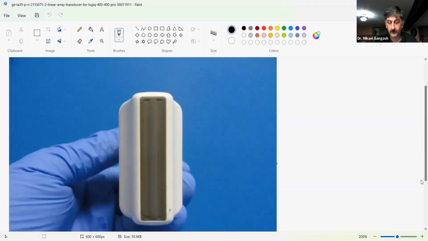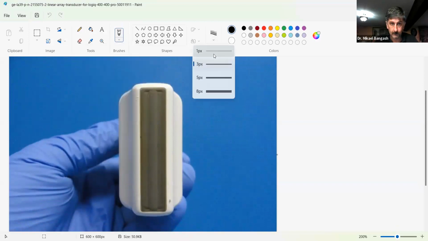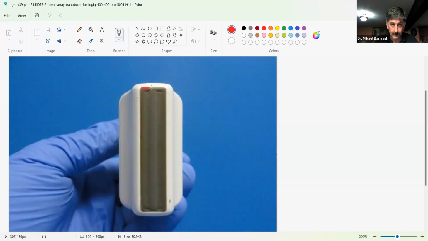Now whether you realize it or not, this thing here is where you will put the gel and rub this on whatever area you are going to be scanning.